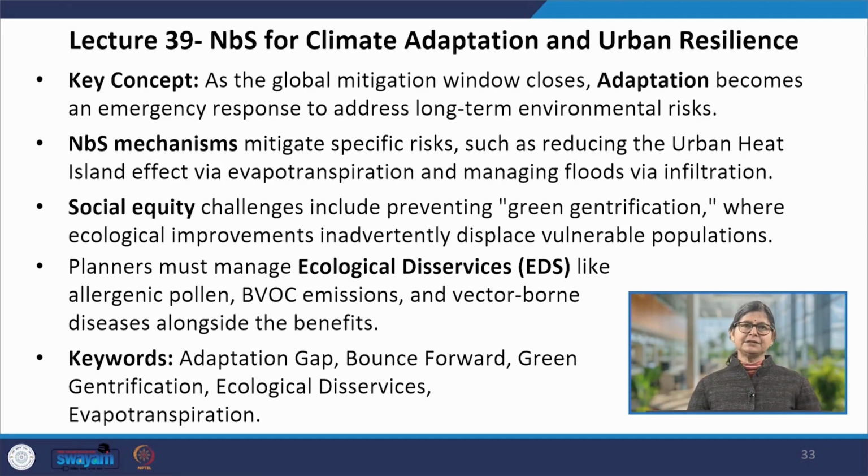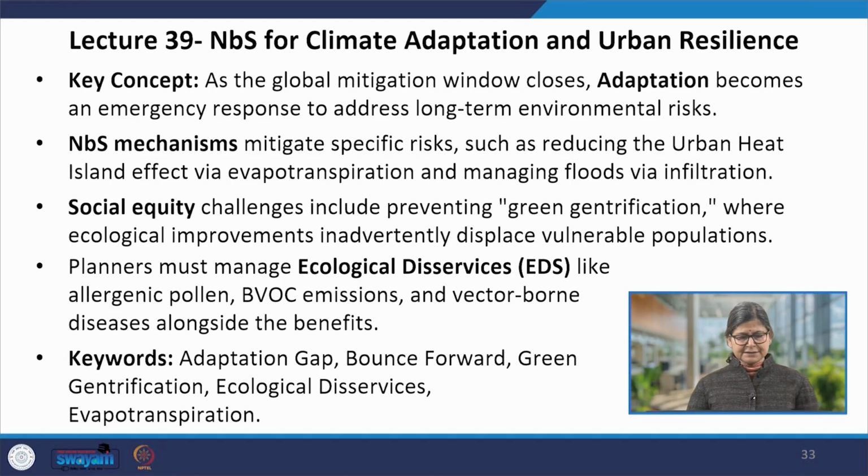Lecture 39, the title was Nature-based Solution for Climate Adaptation and Urban Resilience. The key concept we discussed: as the global mitigation window closes, adaptation becomes an emergency response to address long-term environmental risks. NBS mechanisms mitigate specific risks such as reducing the UHI effect via evapotranspiration and managing floods via infiltration. So, multi-benefits.